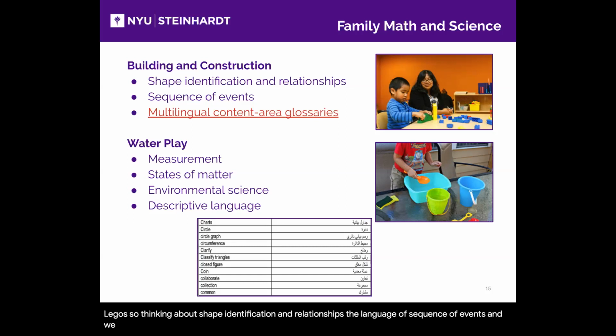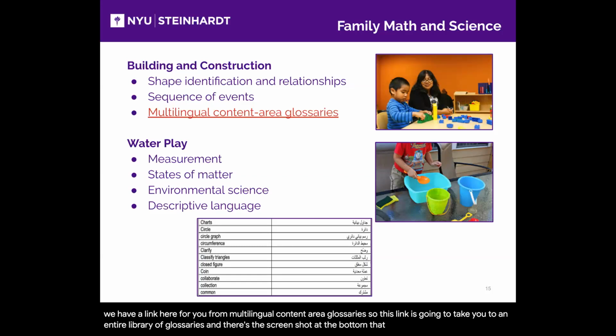And we have a link here for you for multilingual content area glossaries. So this link is going to take you to an entire library of glossaries, and there's the screenshot at the bottom, that are side-by-side translated based on content areas and grade level. Sharing these with families is a huge step.